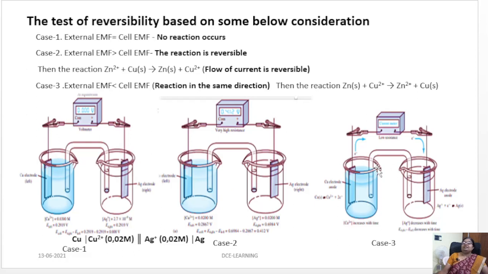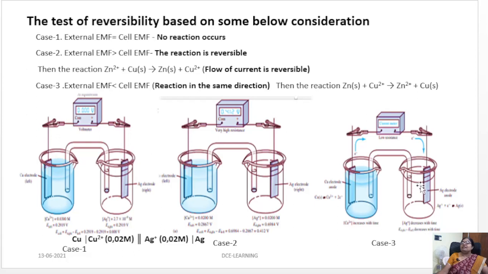In case 3, if the external EMF is decreased by an infinitesimally small amount, current will flow from the cell, and the chemical change proportional to the quantity of electricity passing should take place.